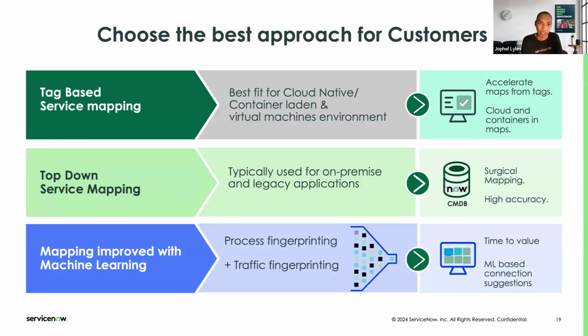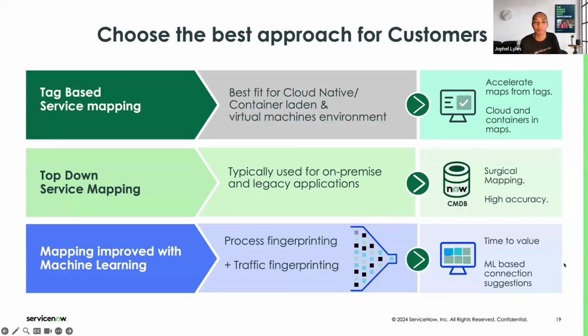So drilling into how we choose the best approaches for our customers, right? If we start with the top-down approach, it's made up of two different methods here. We have a mixture of pattern and traffic-based again. This is typically going to be used on your on-prem and legacy applications because it's going to give you the most accurate, detailed service maps of the three, right?